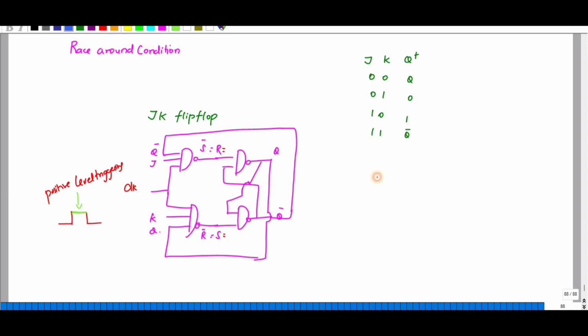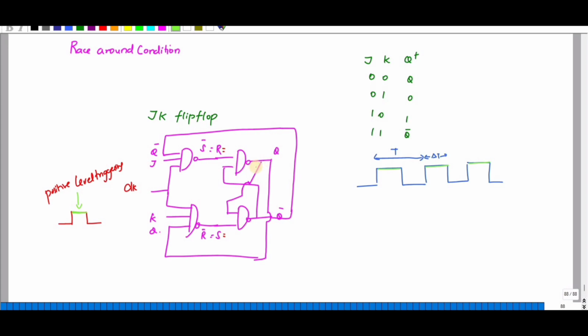This is your time period t, and this is your del t, and this is called positive level triggering. Only during this time will the JK flip-flop accept the input and process it to the output.